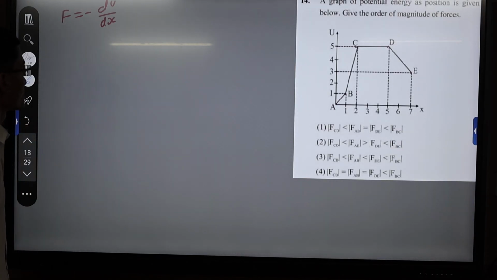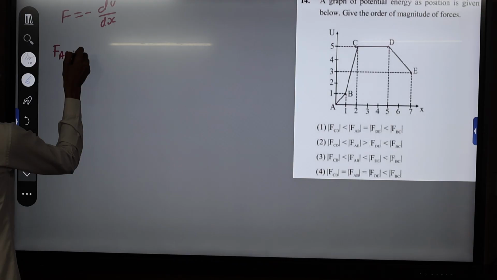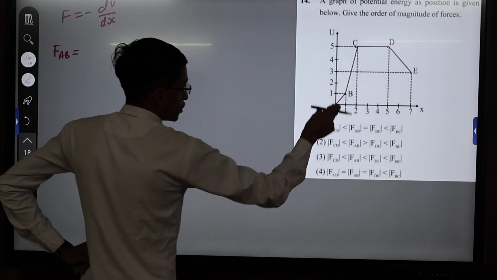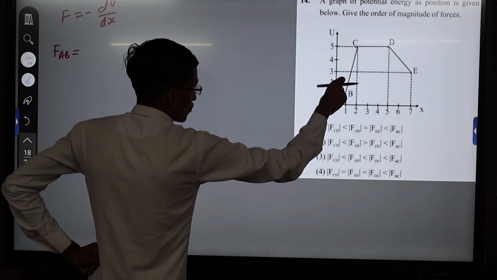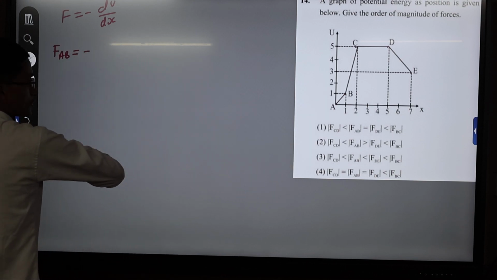Minus of dU by dx is given as force. So first of all, we have to find force in region AB. So we have to calculate the slope in region AB. The minus sign stays as it is.